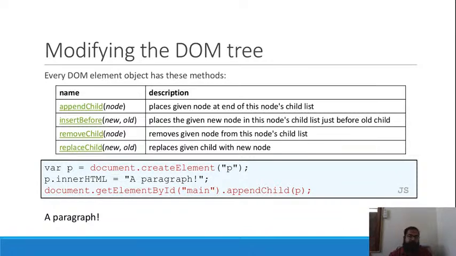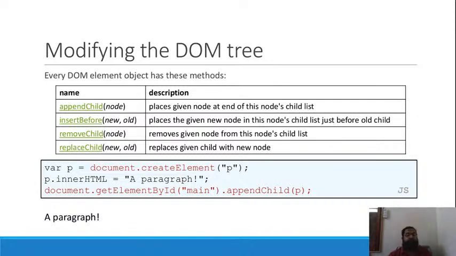Okay, so in this particular JavaScript example where we had used append child, let's take a look at the whole example. So first thing, we create an element called p with the tag p. So that is very important. This is the tag that you are passing, the p over here in the document dot create element. The parameter to the create element method is the tag p, and we create a variable called p here.